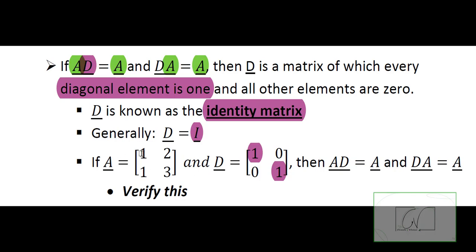So when you multiply A by the identity, as I have shown you in my previous examples, you should come up with A having the exact same elements. So that's what is important. You just need to remember that the diagonal elements in an identity matrix are 1 and the other elements are 0.